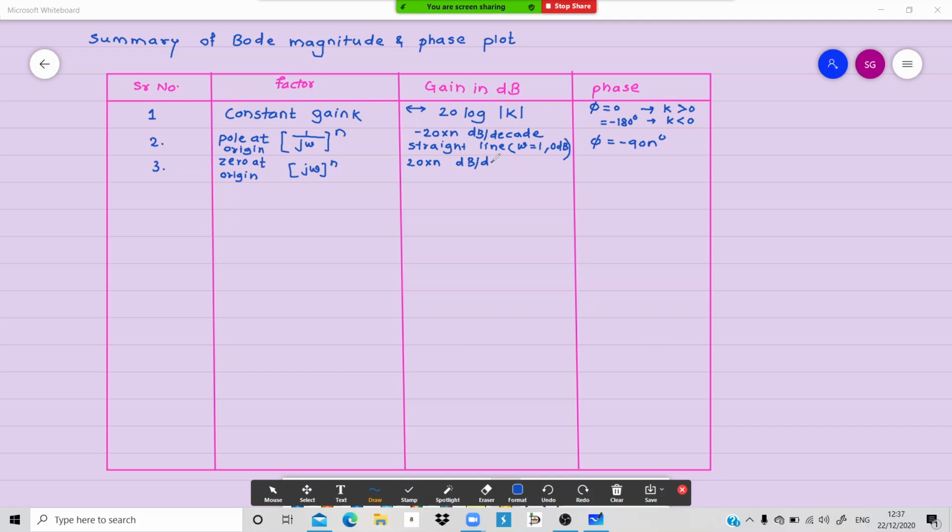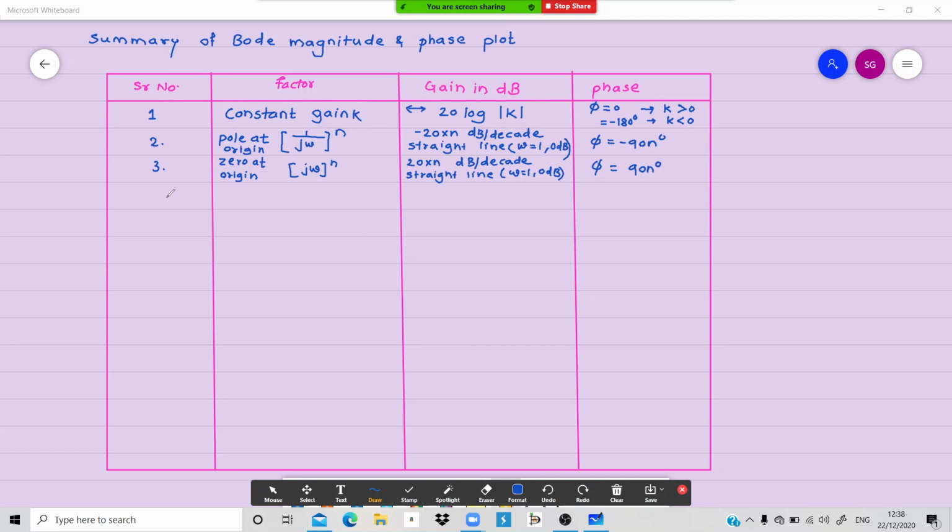We had seen all these things, and it's a straight line. And again this was also passing through omega equal to 1, the 0 dB line. Okay, and phi, it was just a sign change, so it will be 90 n degrees. Just there will be mirror images along the x-axis.